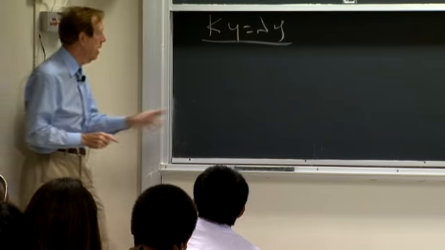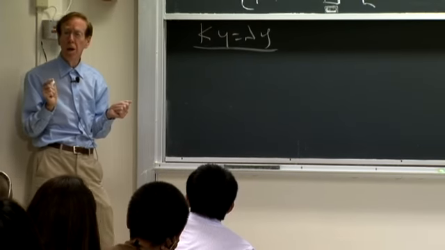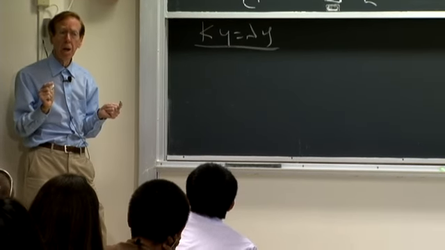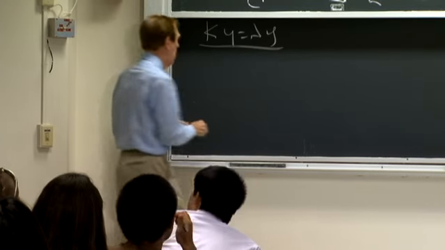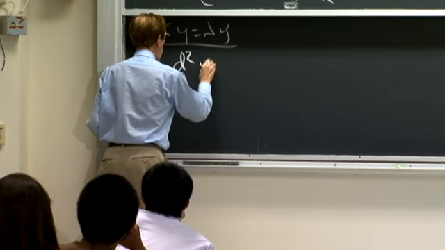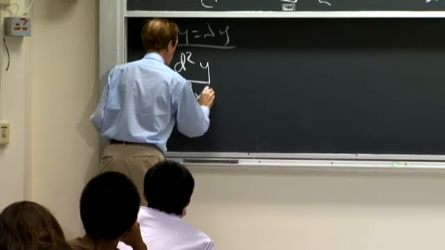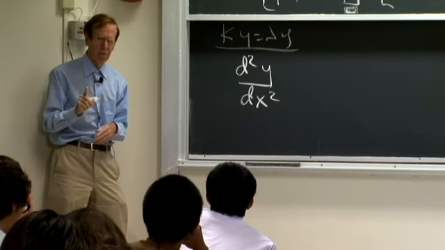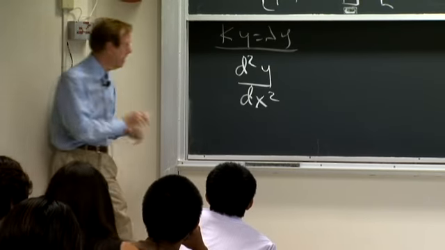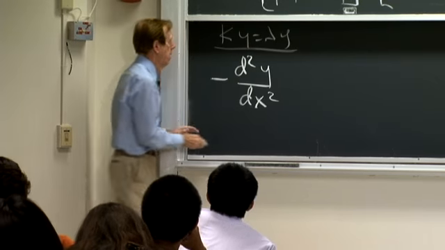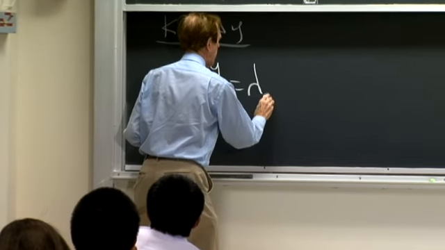So what will it be? K is like, tell me again, second derivative. So second derivative of y with respect to x squared. And there's one more thing you have to remember, minus. And here we have lambda times y of x.